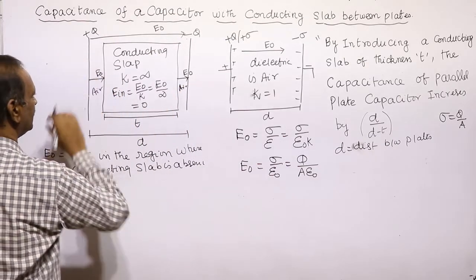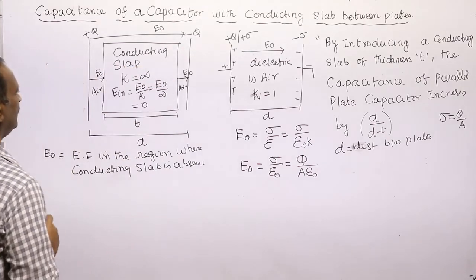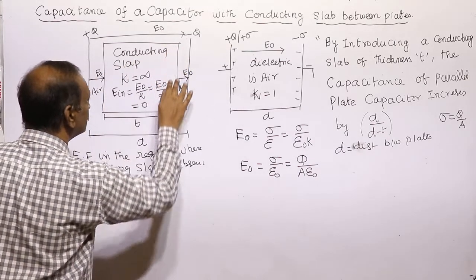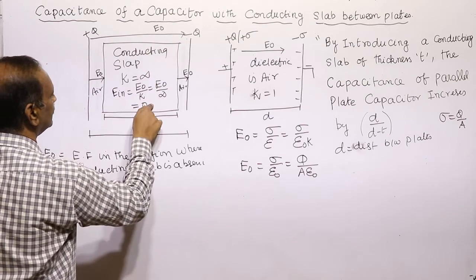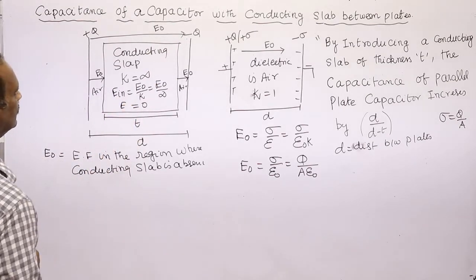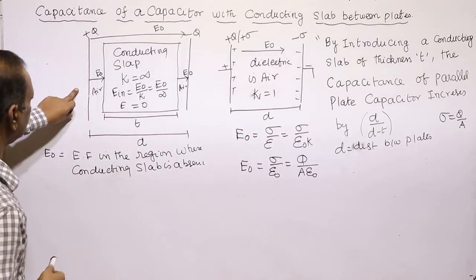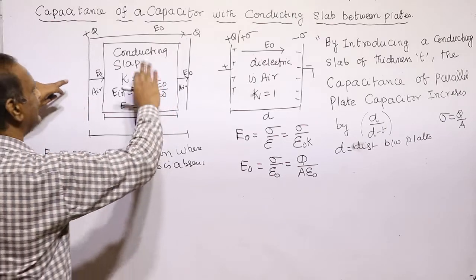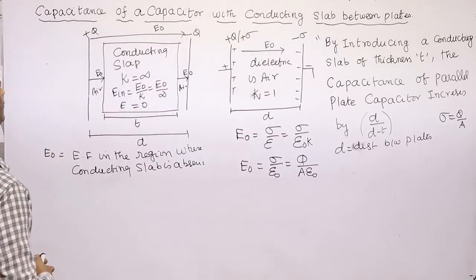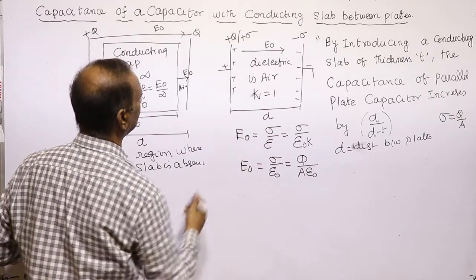So the applied electric field is available here and here, but inside this conducting slab the electric field is equal to 0. E naught is available where the conducting slab is absent. Now we have written this for air as a dielectric.